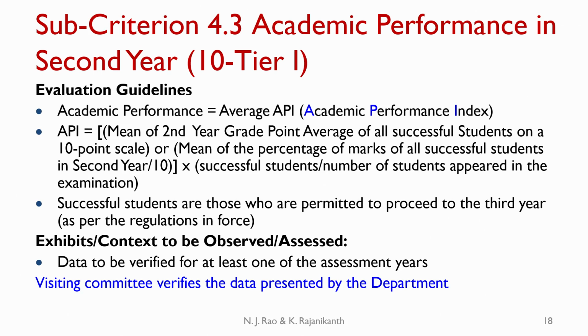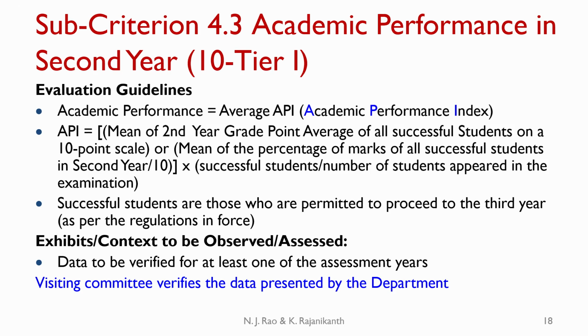So, for academic performance, you are not multiplying it by 1.5, you are directly taking the average API, that is the mean of second year grade point average of all successful students on a 10-point scale, multiplied by the ratio of successful students to the number of students appeared in the examination.